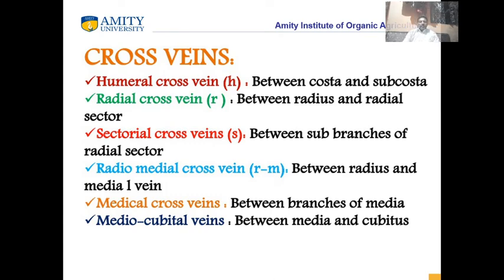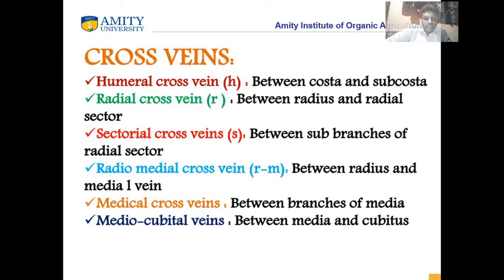Radiomedial cross vein: when the posterior radius vein connects with the anterior medial vein, the medial first vein, then it is called radiomedial vein. Medial cross veins connect the branches of media.